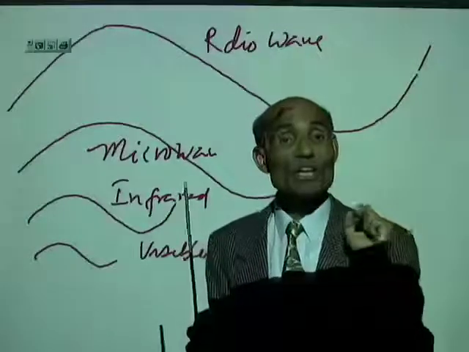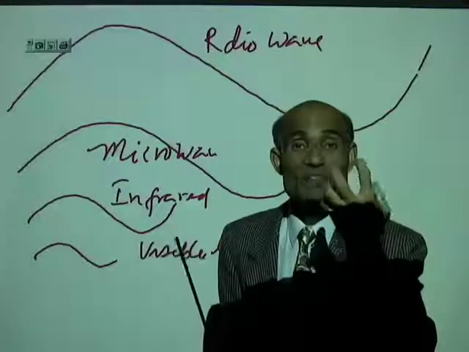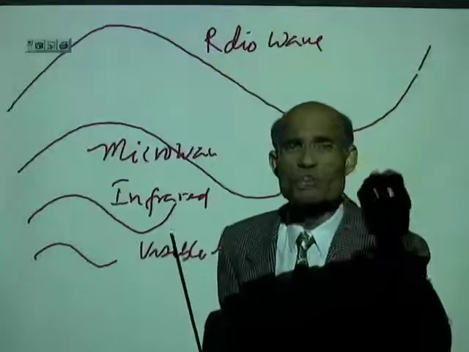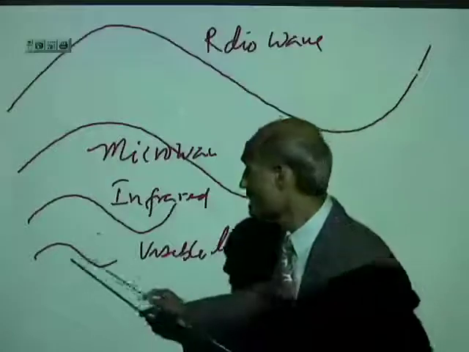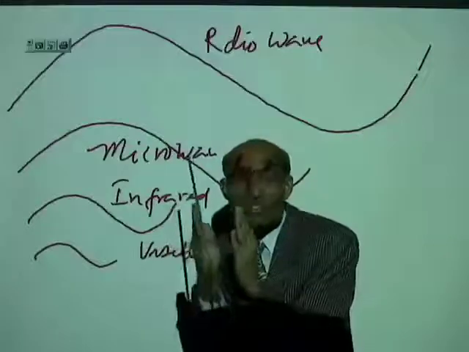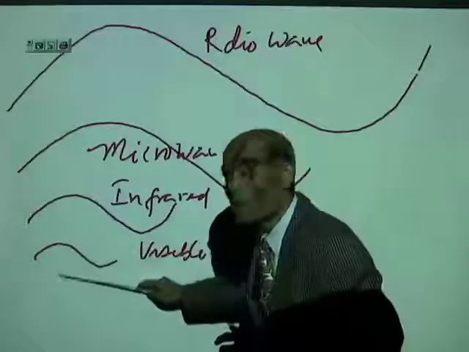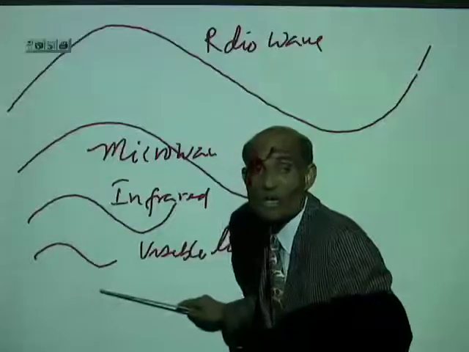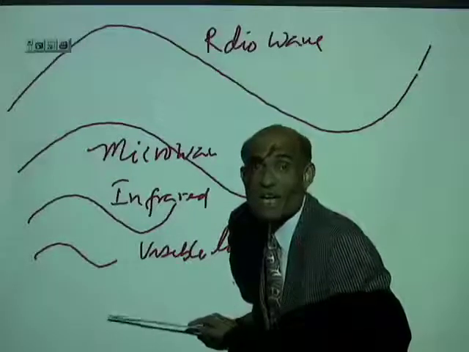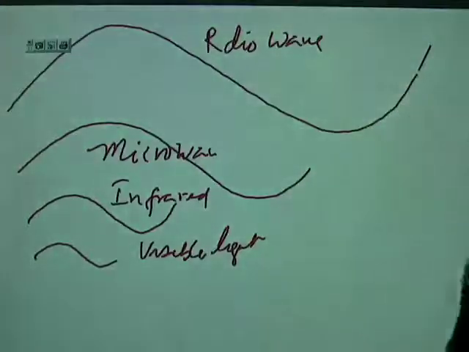And you know, each wave is a color. So visible light actually contains about 4,000 different colors. I simply represent it by this wave, but it's a combination of 4,000 different waves. And as you go shorter and shorter, you get ultraviolet, X-rays, gamma rays, and so on.